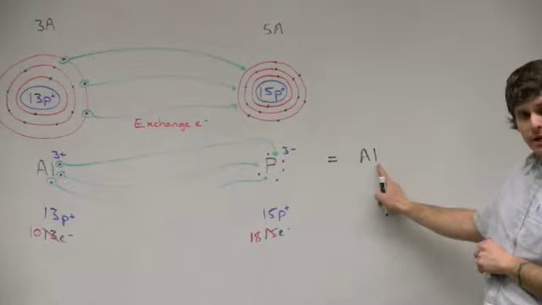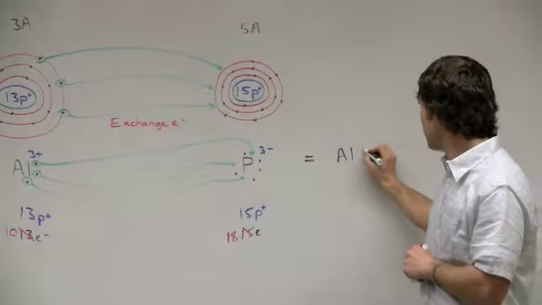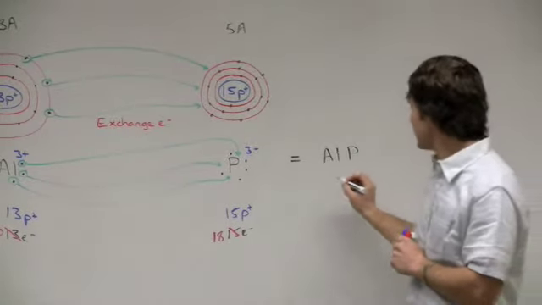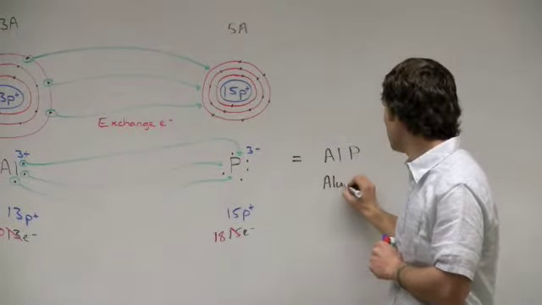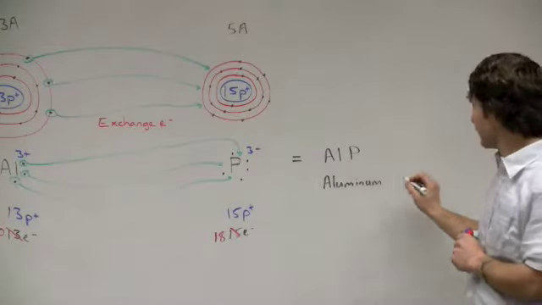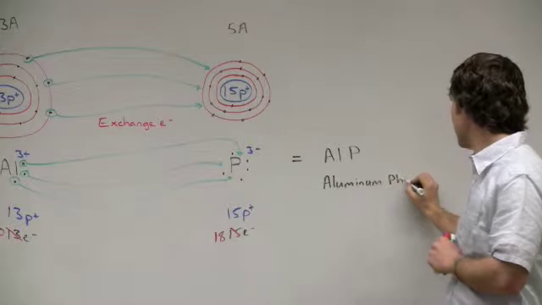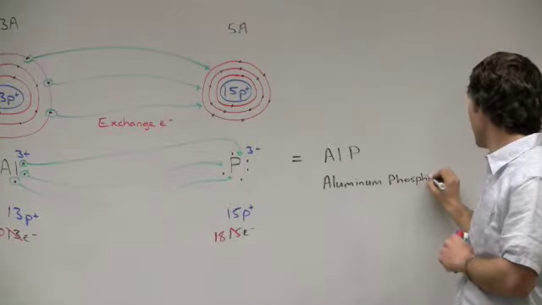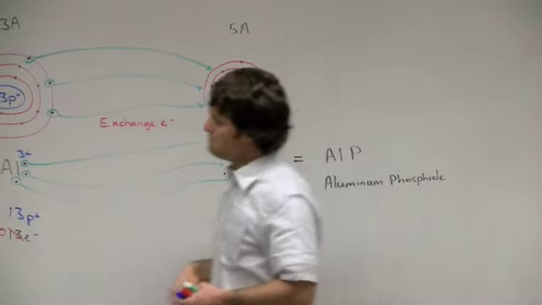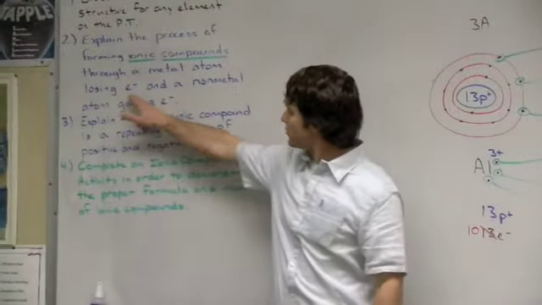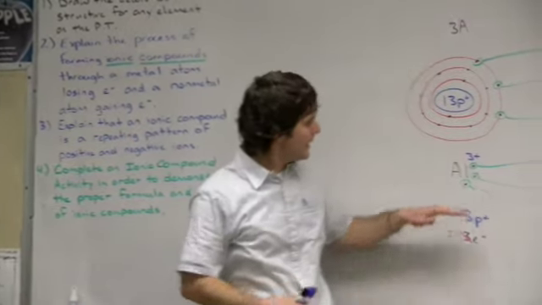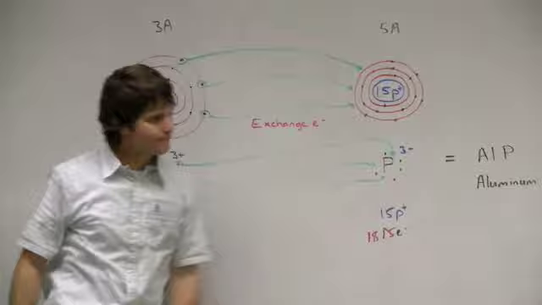We have an invisible subscript here as a 1, and a P, AlP, another invisible 1. And then its name would be aluminum, and we change the ending of phosphorus to IDE, and so it becomes aluminum phosphide. Aluminum phosphide. Once again, a metal atom losing electrons and a non-metal atom gaining electrons, forming positive and negative ions.